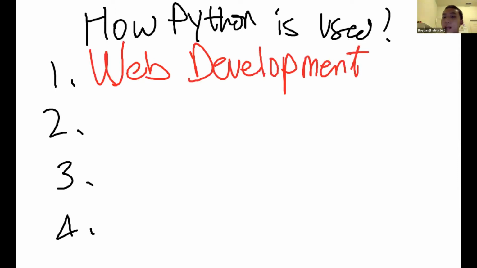HTML and CSS are the front end. This is the back end. So basically, if you have used Instagram before, Instagram is built upon Python.